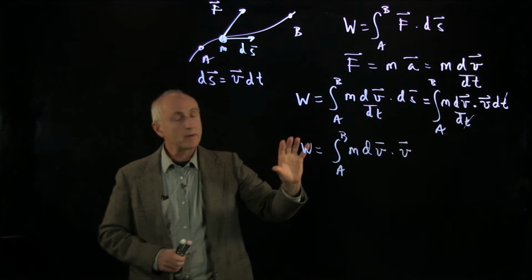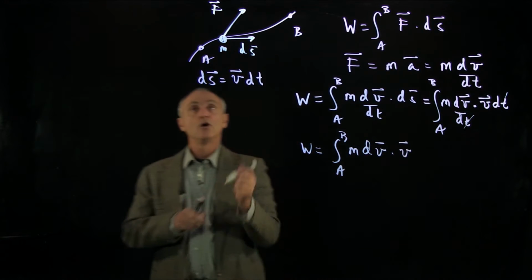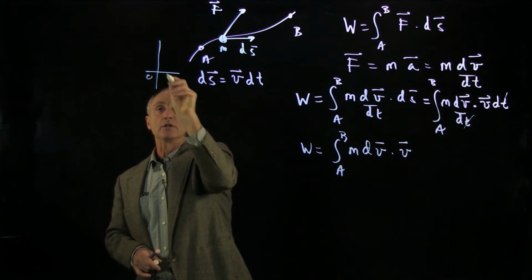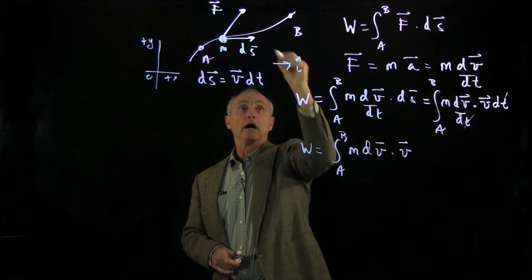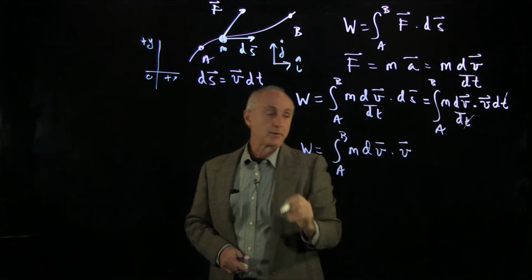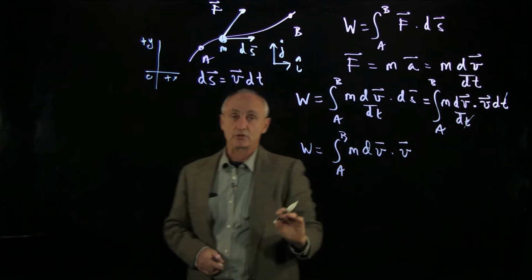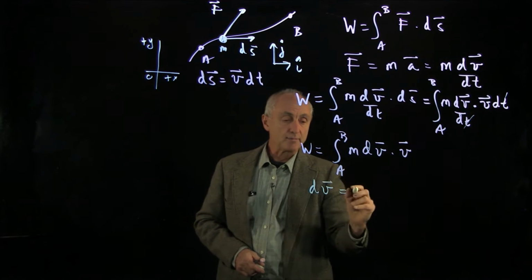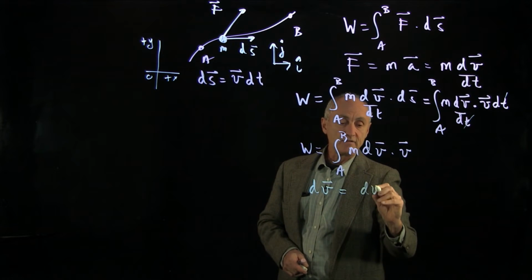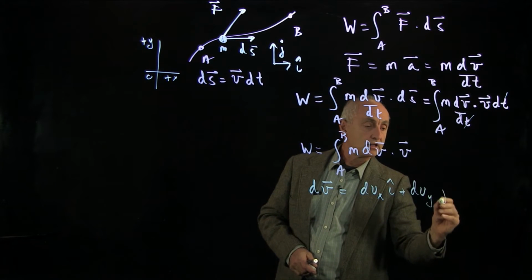And this is the quantity we would now like to calculate. So whenever we want to calculate these dot products, we choose a coordinate system. So let's choose a Cartesian coordinate system, plus x, plus y, with our unit vectors i hat and j hat. And now our task is to write down these various vectors. So for instance, dv can be written as dvx i hat plus dvy j hat.